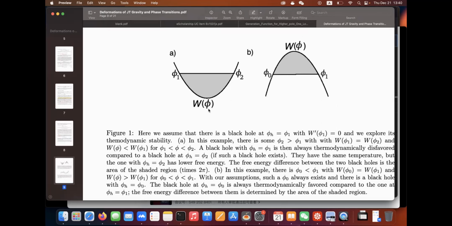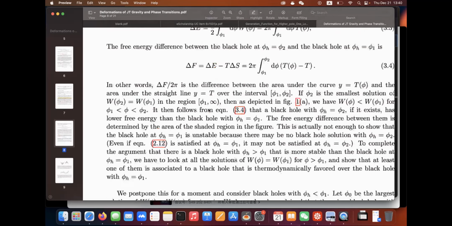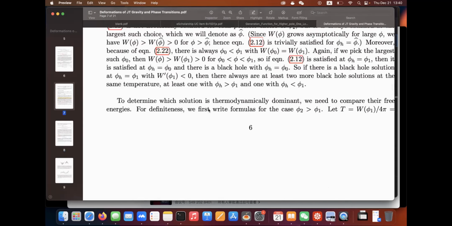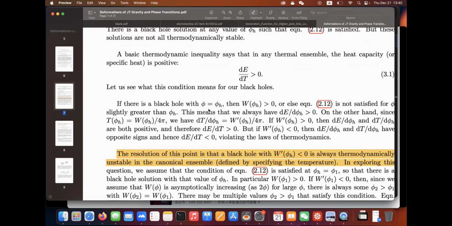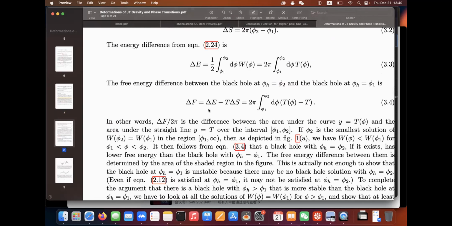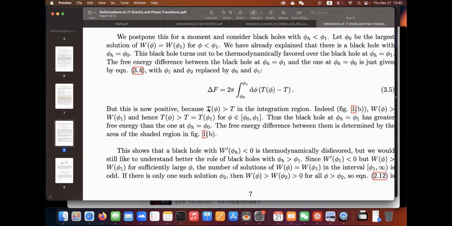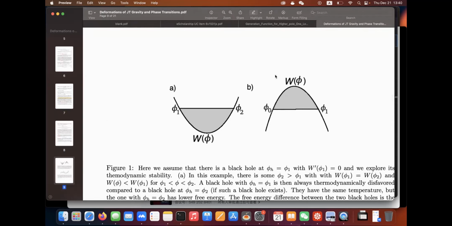Then we study the stability of the thermodynamic system. Stability means that the derivative of energy over temperature should be positive. This is a condition we need to impose, which means that when you vary W_H, since we want to find the black hole horizon, the derivative of W_H should be positive.